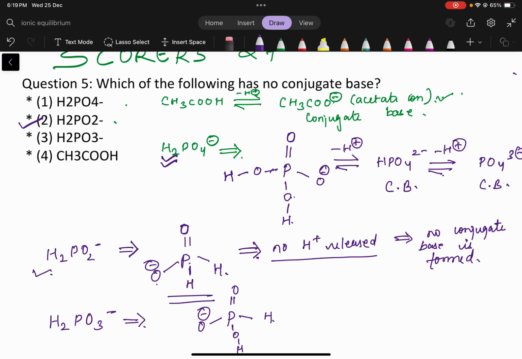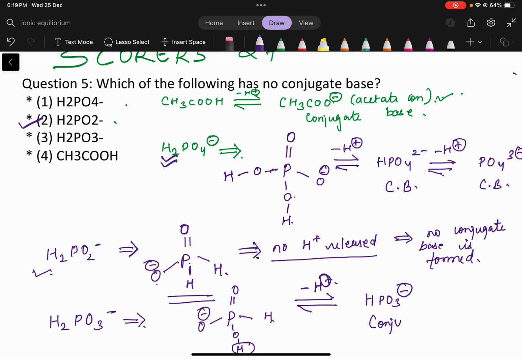So we can see over here that the hydrogen is attached to the oxygen. As we can already see, there is a difference in the electronegativity. Hence this hydrogen release is possible, minus H plus, and HPO3 minus. The conjugate base is possible.